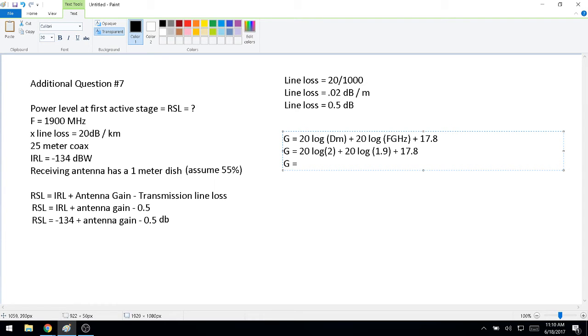And if we plug in these numbers, we get 6.02 plus 5.58, plus 17.8. And that ends up with gain equals 29.4 dB.